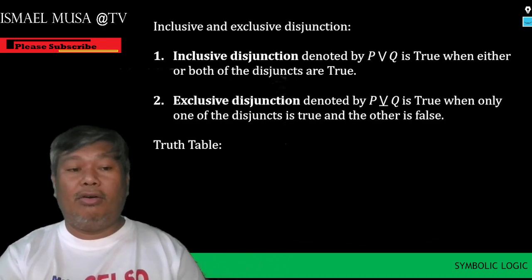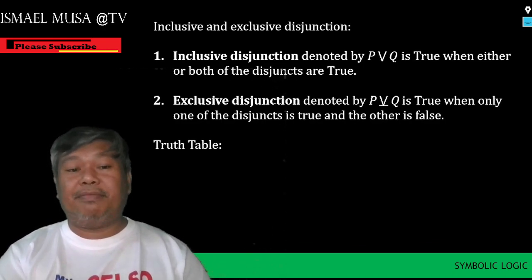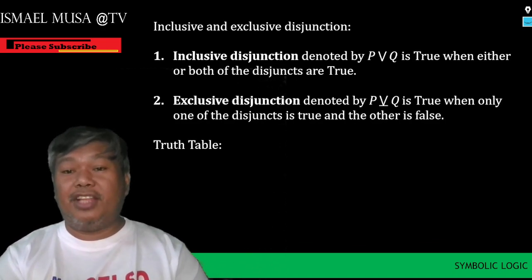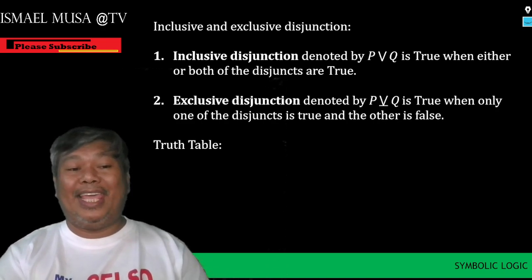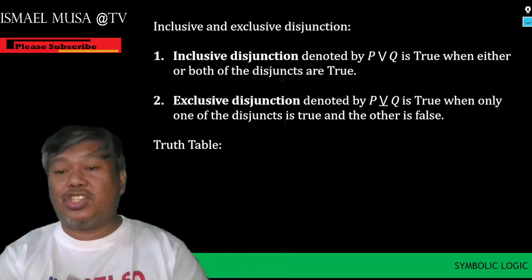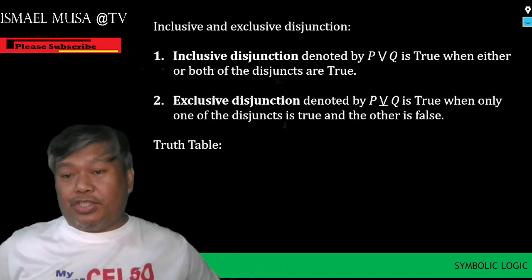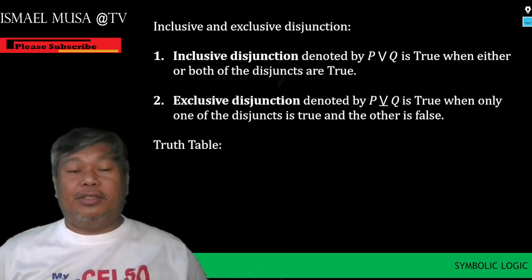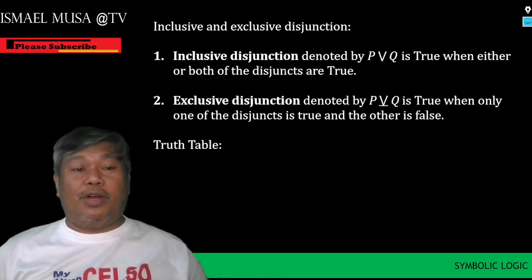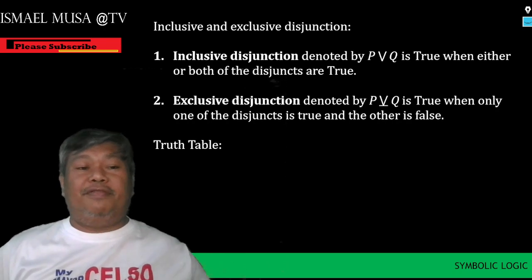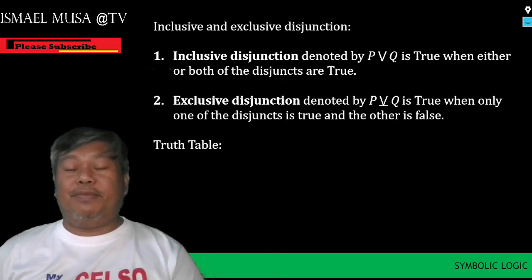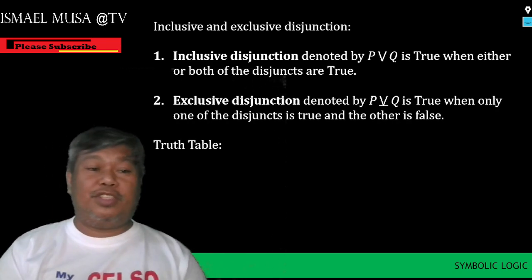Now, however, class, let me differentiate between inclusive disjunction as well as exclusive disjunction. There are authors who define these two as different. So we have the inclusive and the exclusive disjunction. The definition is very clear.